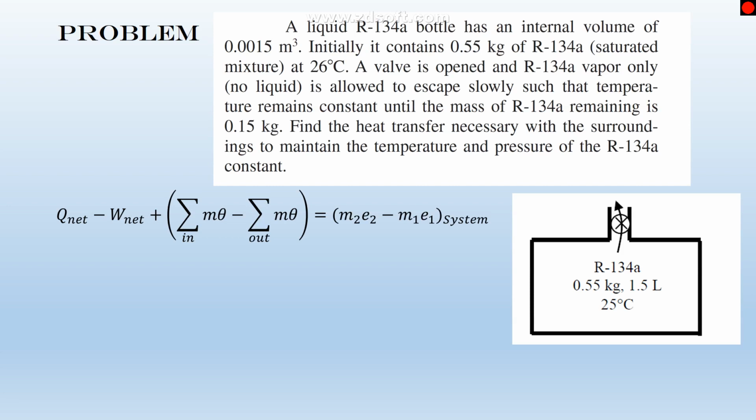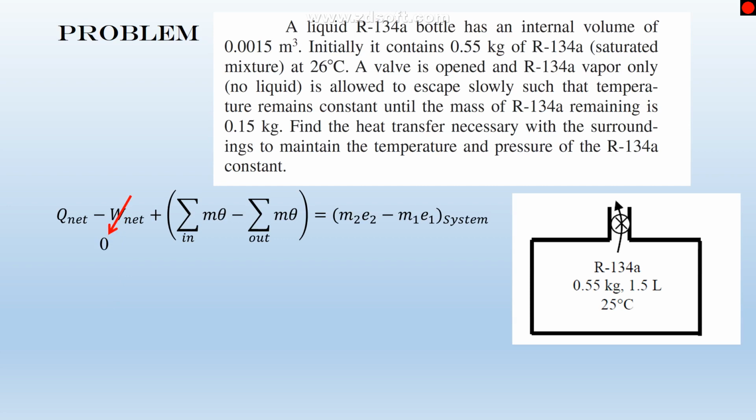Okay, now let's simplify this equation. So Qnet, you need to keep the Qnet. We are looking for Qnet. This is the unknown parameter. What about the Wnet? To answer this question, is there any shaft crossing the boundaries, or is there any electrical work? No, there is nothing for this. So you can simply cancel the Wnet.